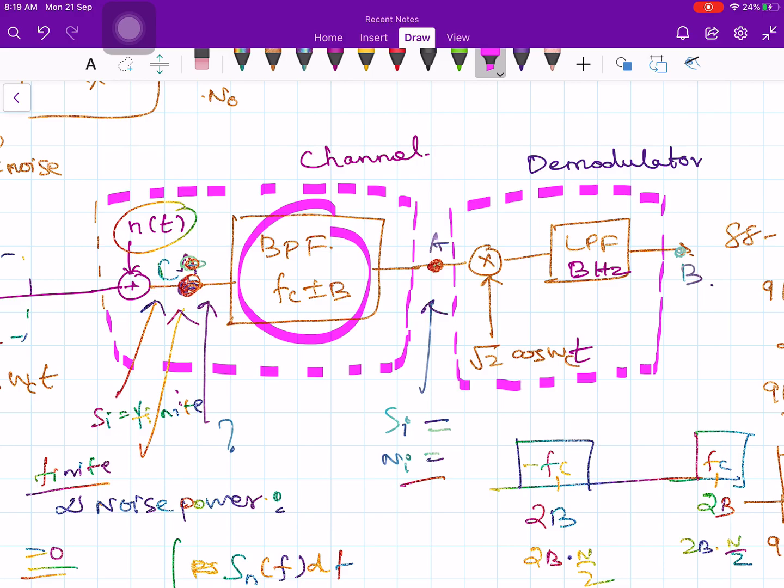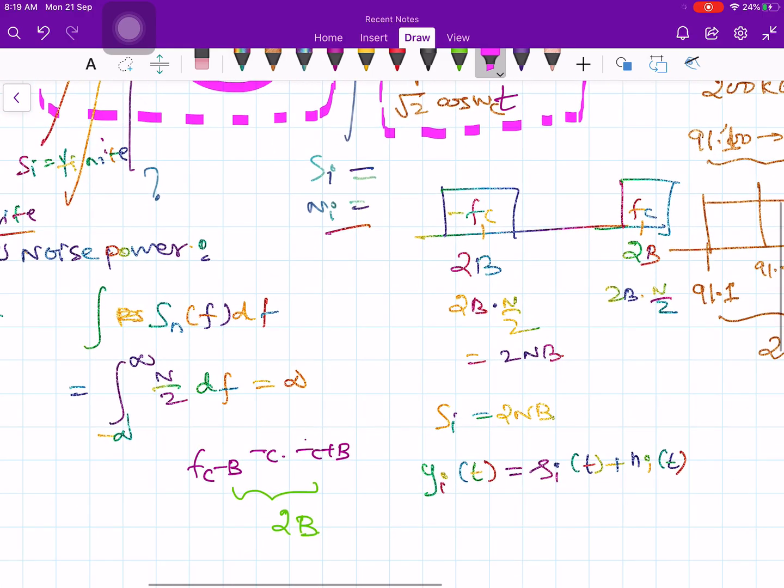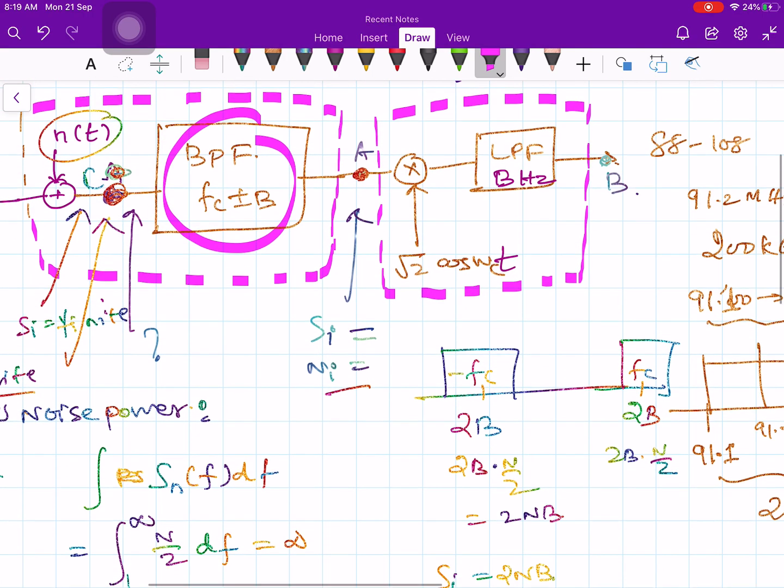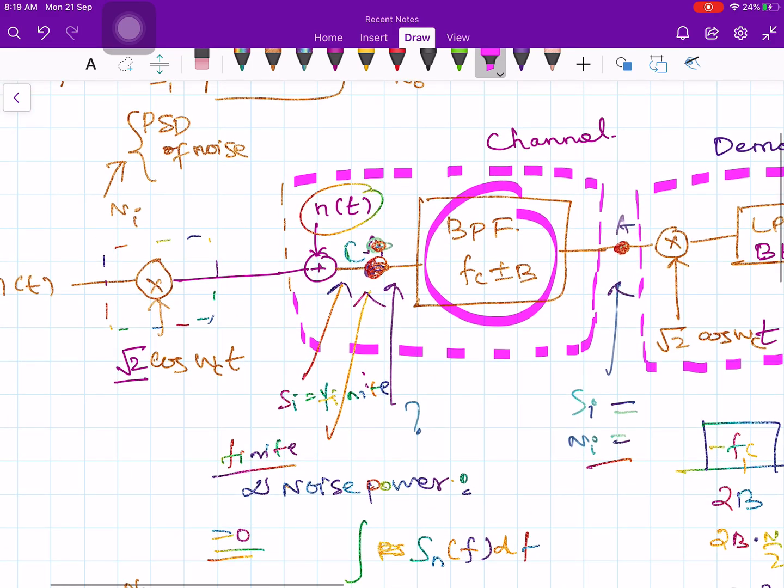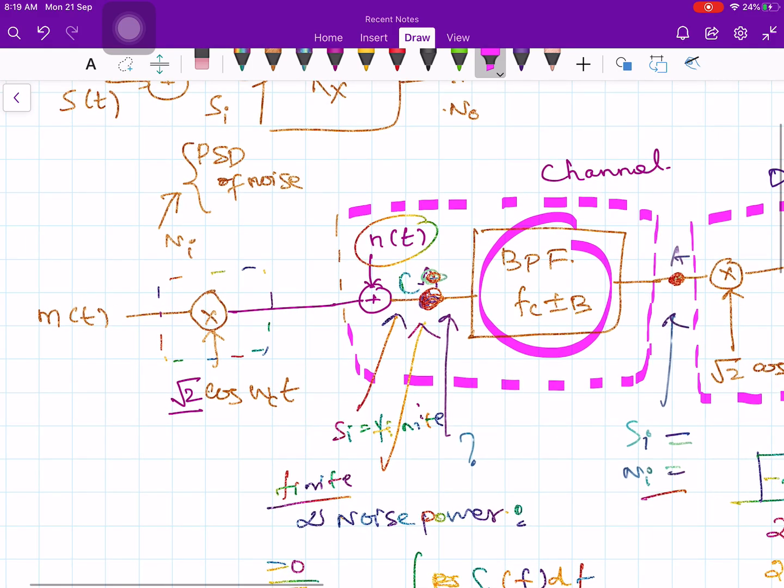So what is your si of t? If you look at the figure, this is my root 2 times m of t. So this is going to be root 2 times m of t cos omega ct.